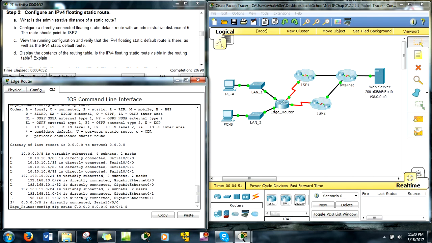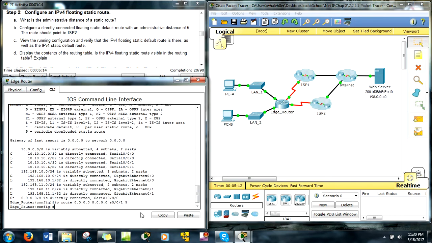We're going to make it floating, just in case something happens. We're going to use this route primarily, most of the time. Just in case something happens on this route, we want a default route to pop up and say, oh, you can't use that side? Use me. So that's what that 5 means.